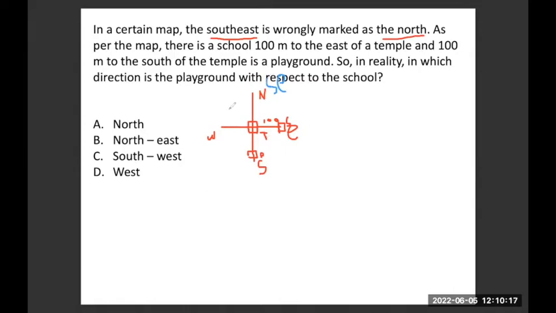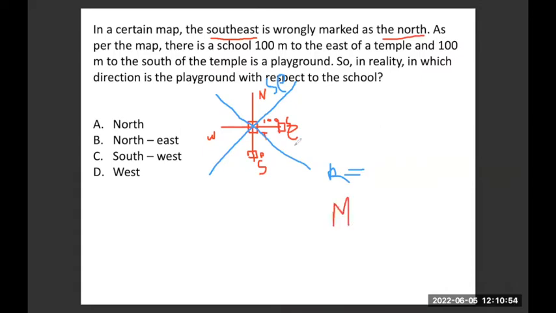So if this is the southwest direction and this is the southeast direction, the blue lines that you see are the actual real directions. North is marked as southeast. The actual southeast is marked as north in the map. The red is what the map refers to, and the blue is what is real. So R, which means real, is blue, and the map is in red.